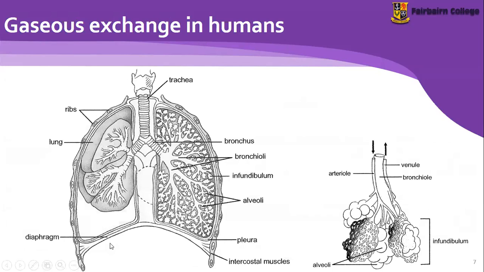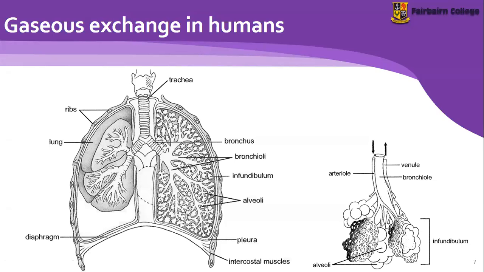Then just the diagram of the lungs, and then also the diagram of the infundibulum. I'll get to that now. I'll quickly run through this, but again, this is something that I don't want to spend too much time on. So we start off with the trachea. The trachea is the hard part of your throat. If you feel your throat, that bony part that feels like there's lines on it, that is the trachea.